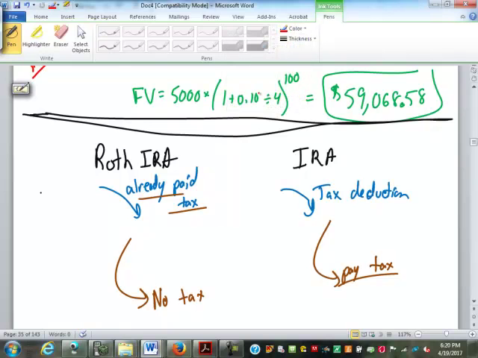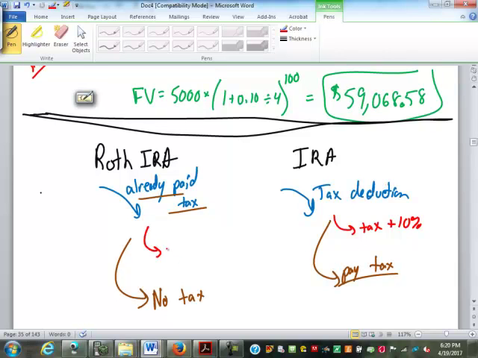Wow. Now, if you pull it out early, if you draw early, the regular IRA, you pay your tax rate, and it used to be plus 10%. So there's an extra 10% penalty above your tax rate. That may have changed in the last couple of years.